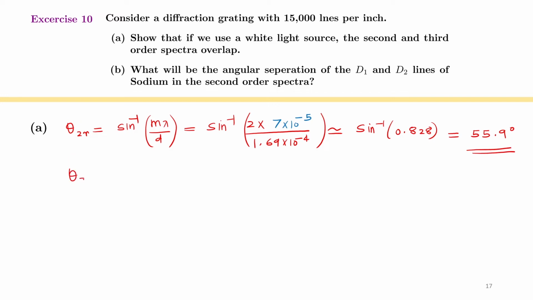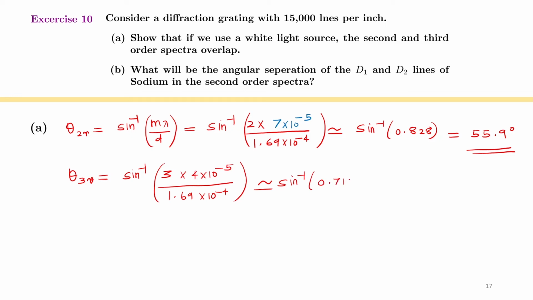And theta 3v is sine inverse of 3 times 4 times 10 raised to minus 5 over 1.69 times 10 raised to minus 4, and this is approximately equal to sine inverse 0.710, and this is equal to 45.23 degrees.